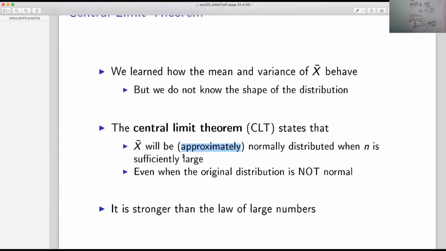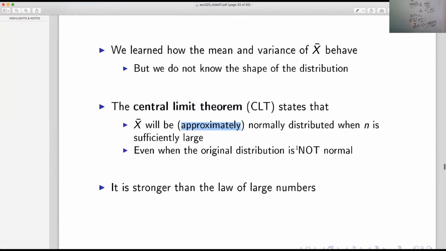In other words, it doesn't matter what kind of distribution you originally have, whether binomial, Poisson, or whatever, as long as you have enough sample size, X bar will be approximately normal. That is very powerful because you don't have to make assumptions about the distribution as long as you have a large sample size, right?